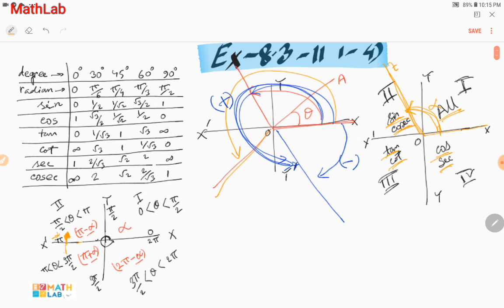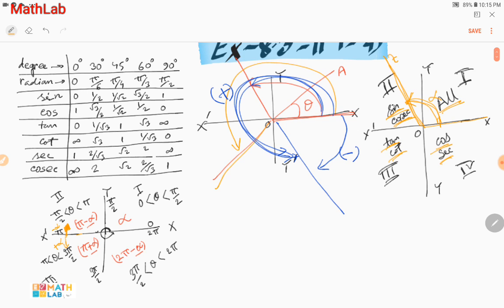And if the angle goes from pi that way, that will be plus alpha, because it goes anti-clockwise. So this is pi minus alpha, and this is pi plus alpha. For this angle, that is 2 pi, here alpha is negative, so 2 pi minus alpha.